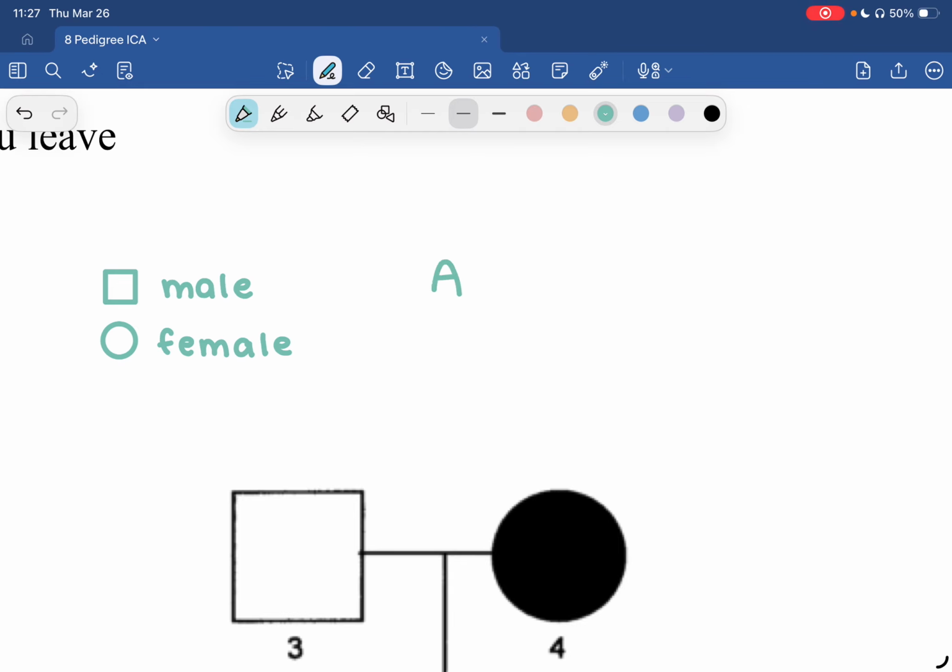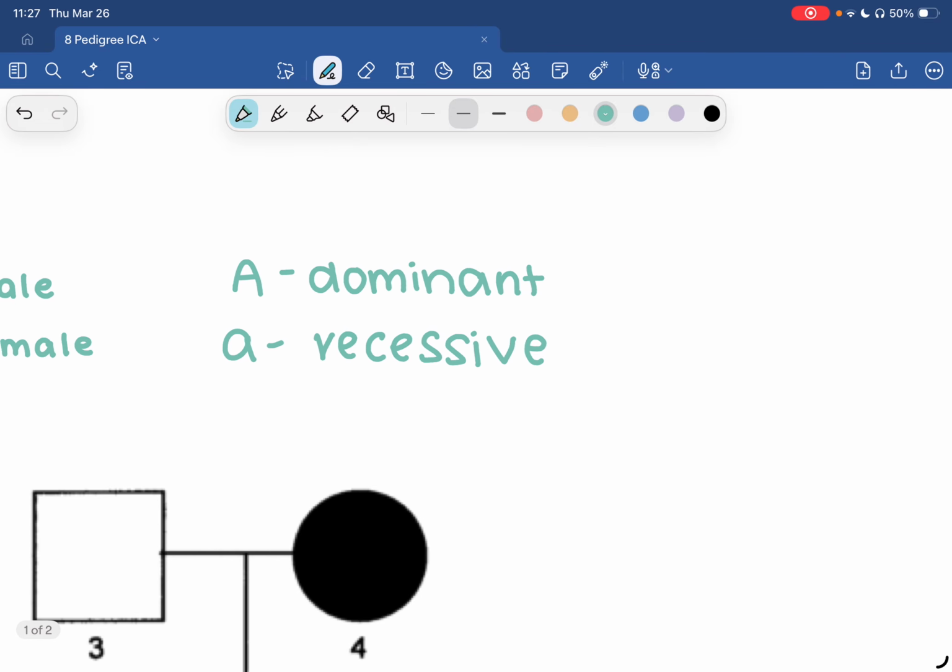So again, like I said, capital A is dominant, little a is recessive. Therefore, when we're talking about the specific genotypes, you could have a homozygous dominant or a heterozygous individual.